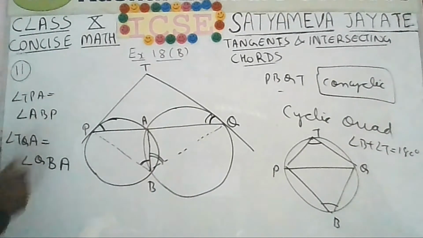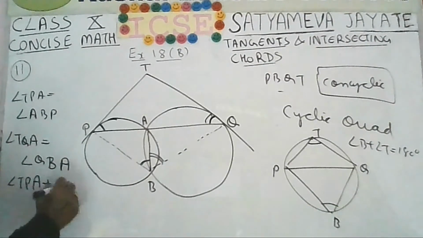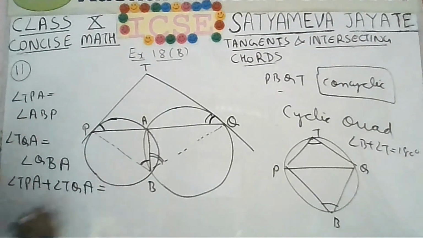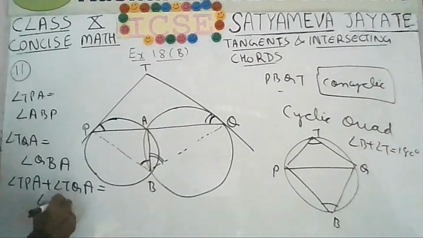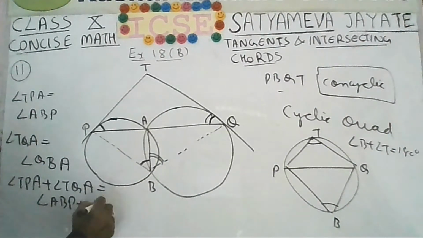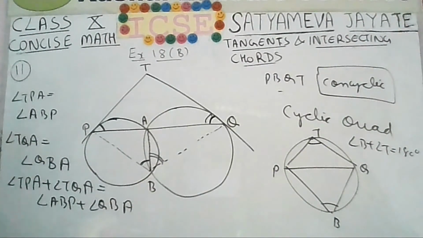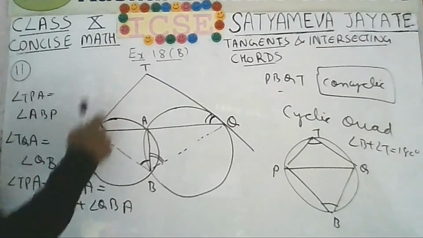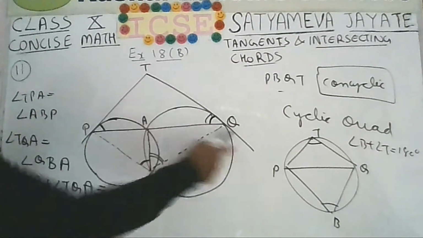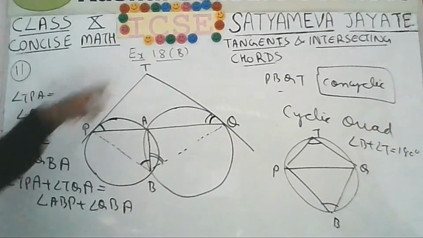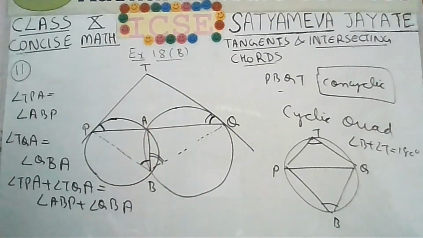Now you can add these two. You can say that angle TPA plus angle TQA will be equal to angle ABP plus angle QBA. Okay. Now what is TPA plus TQA? If you look at this triangle TPQ, you can make use of the angle sum property.